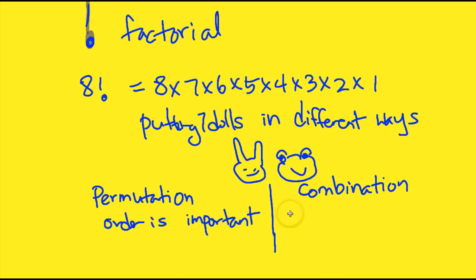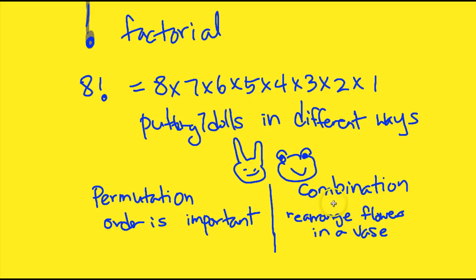Combination is like when you're rearranging flowers in a vase, okay? Obviously, it doesn't really matter in what order you put the flowers because it's all in a vase. So in that situation, we'll use combination.